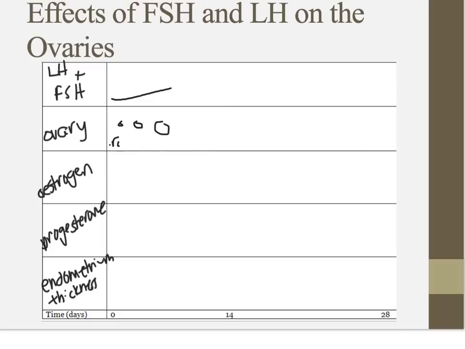So if you need to make a note to yourself that this is a follicle, you just go ahead and do that. Good for you. Now remember that this follicle then starts to produce estrogen, and estrogen is going to be on the rise also.